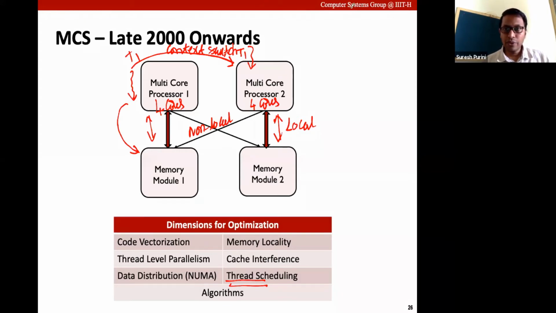So there are a few questions. Let me see what these questions are. When we parallelize a loop, the instruction decoding will happen in one core.